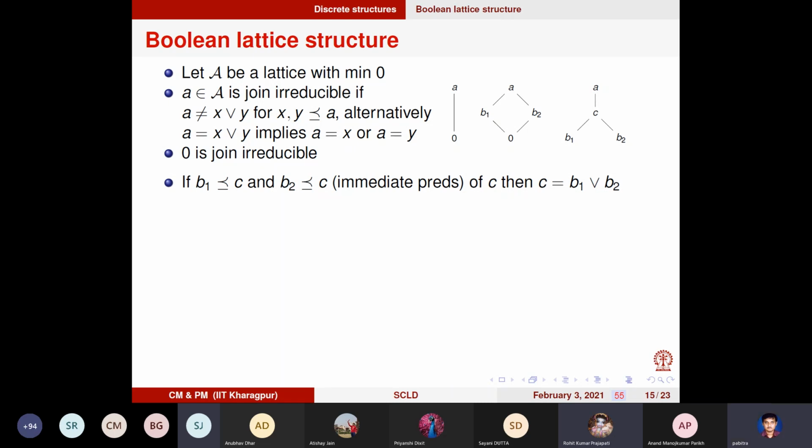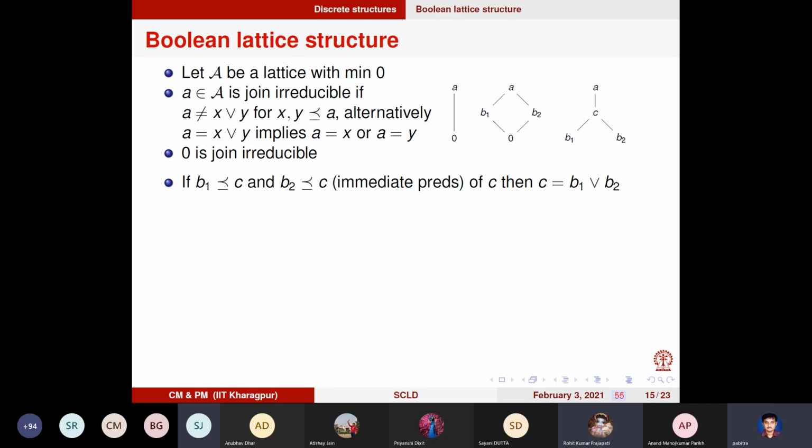B1, B2 are less than or equal to A, fine. And A is equal to the join of B1, B2. So the first condition is also violated. So A is not join irreducible. 0 is join irreducible, B1 is irreducible, B2 is irreducible, but A is not.